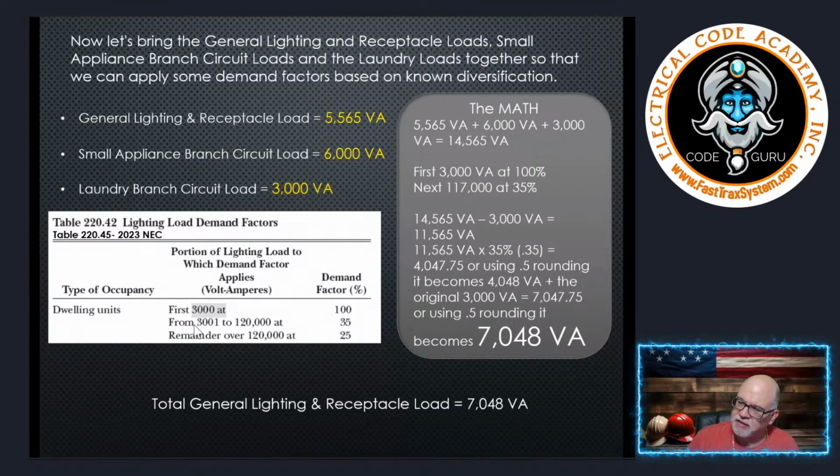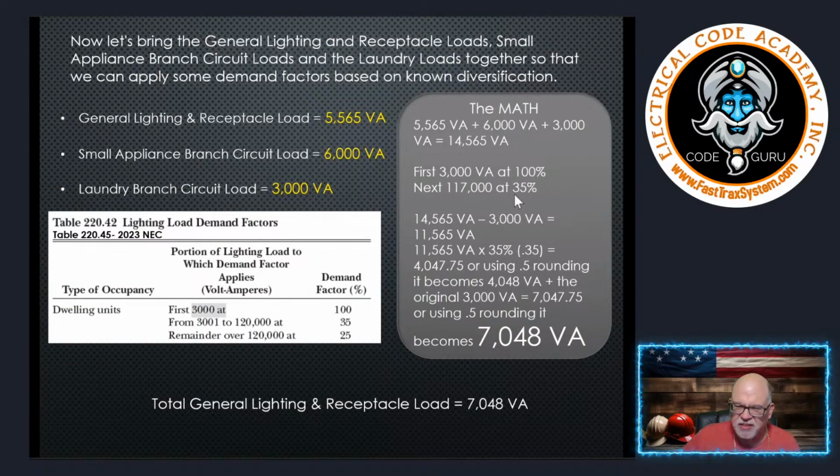And here you see it says the first 3,000 at 100%. So we know that of that 14,565, at least 3,000 of it is 100%. So we're going to take that 3,000 and set it aside. Now, from 3,001 up to 120,000, which our dwelling falls well below, we're going to take that remainder at 35%.